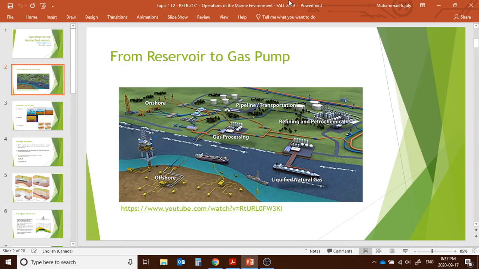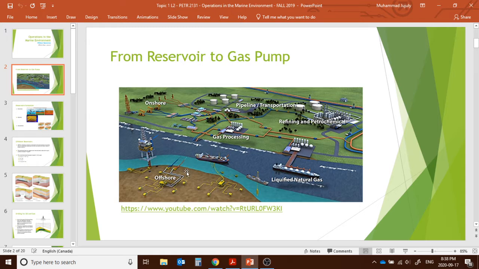Okay, so this is the complete picture of the oil and gas supply chain. It could be from onshore or offshore. If it's from offshore, first we produce the oil and gas here, and after that it could go directly to the ships, and then we send it to processing.